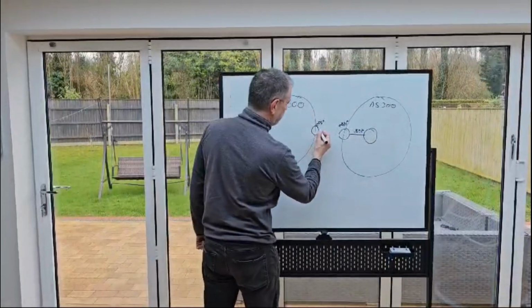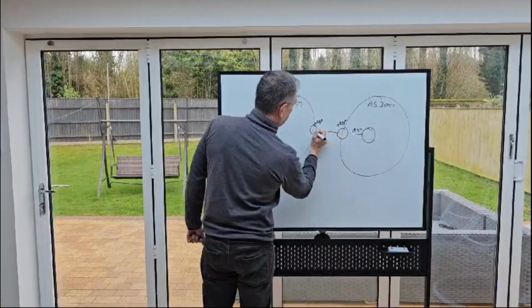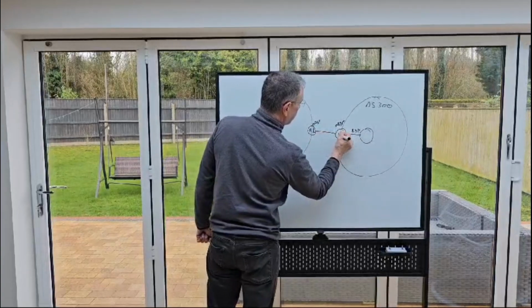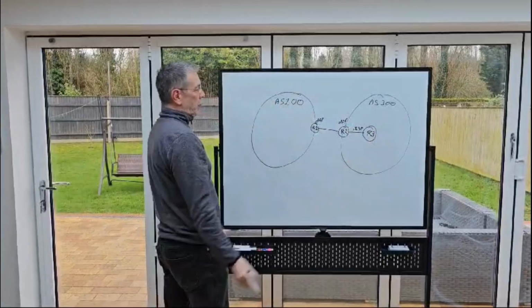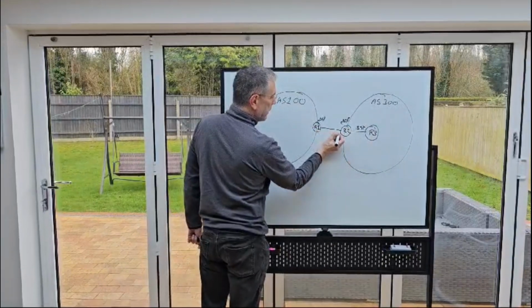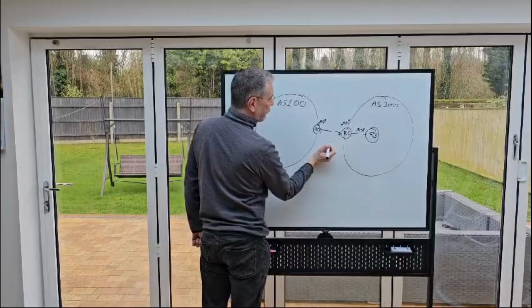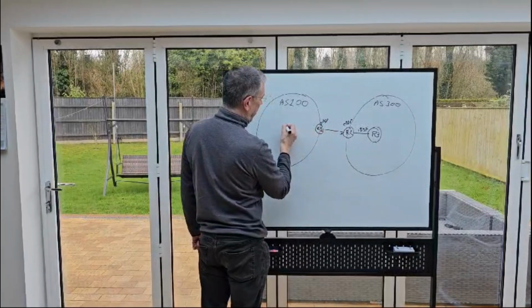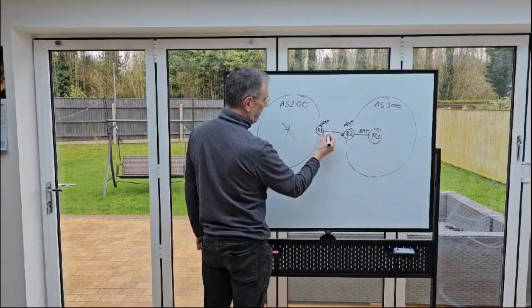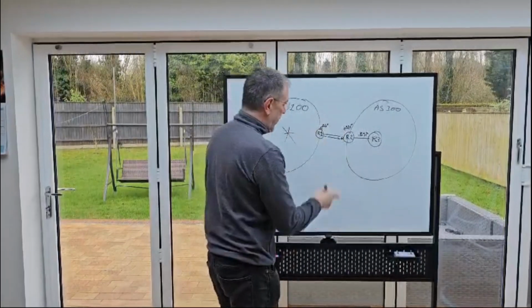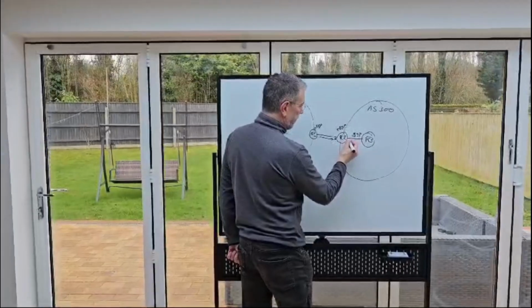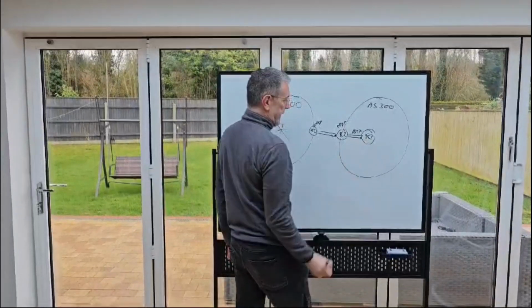Now let's put router 1 here, router 2, router 3. Router 2 on this interface receives routes from within this AS from router 1. It then forwards everything to router 3.